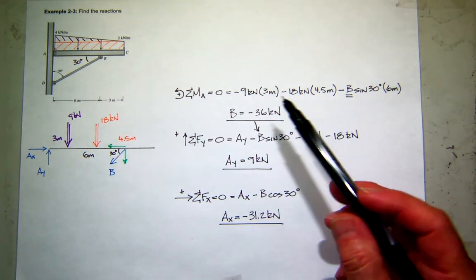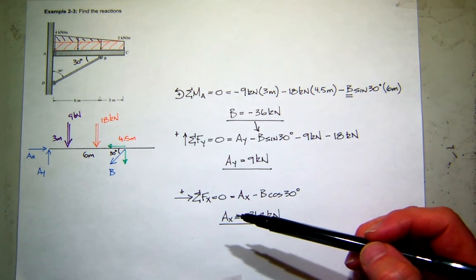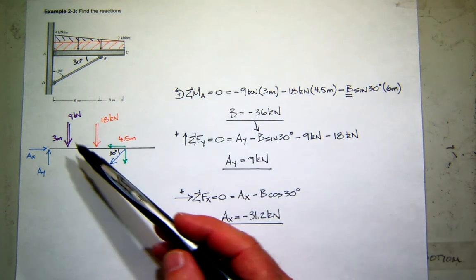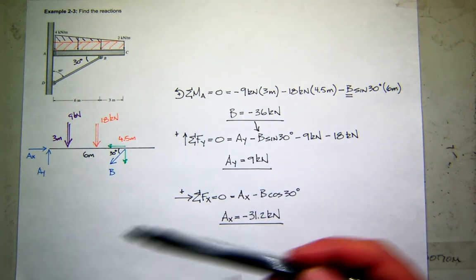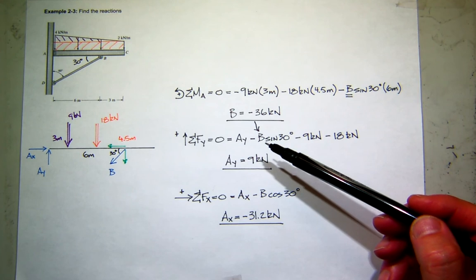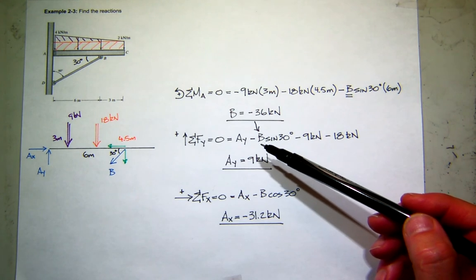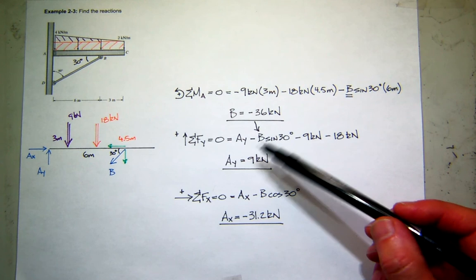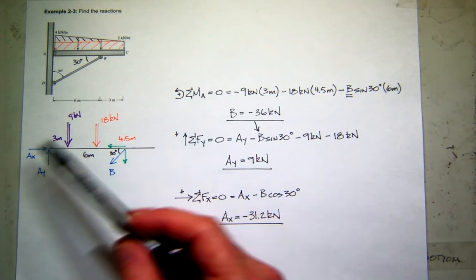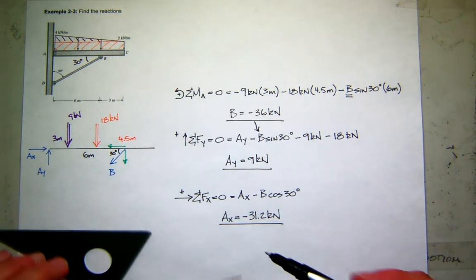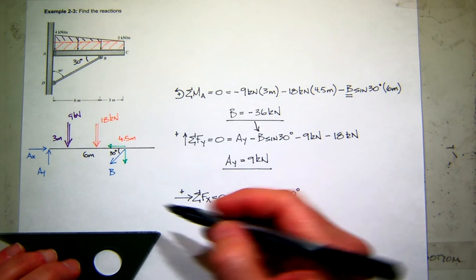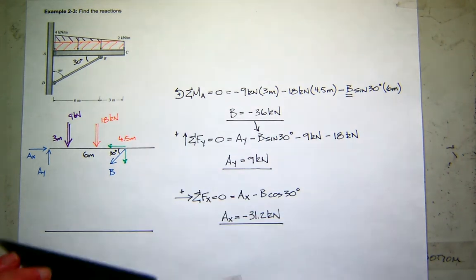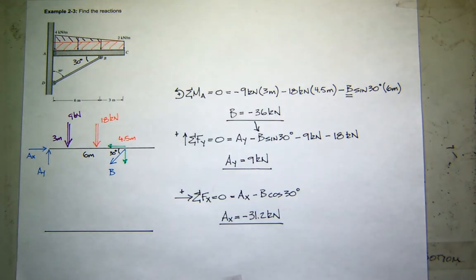If you're asked, you should pay attention on Mastering Engineering because it tells you what direction. Even though you might assume this in your work, when you go to report your answers, it's going to say assume positive is to the right, or positive is up, or creates this kind of moment. So make sure you keep an eye on that. If you want to come back onto your free body diagram and straighten things out, now's the time to do it. I can redraw the diagram and put values on it.